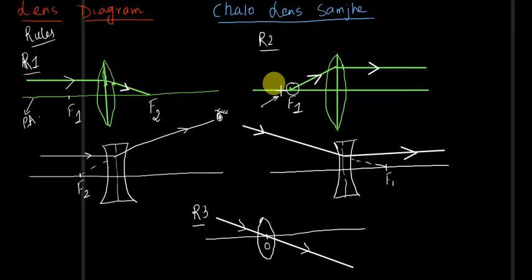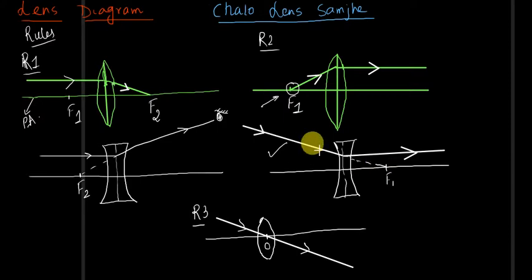In case of concave lens, the incident light is directed toward the first focus.